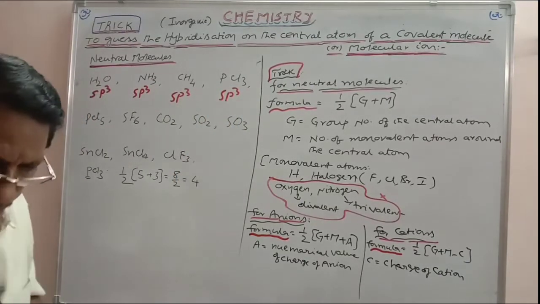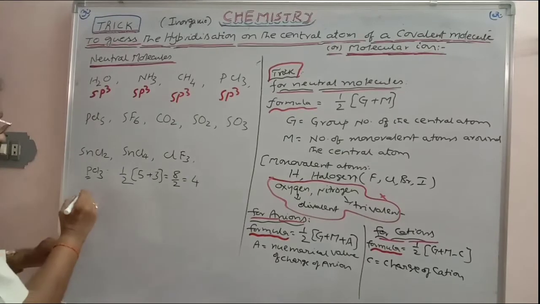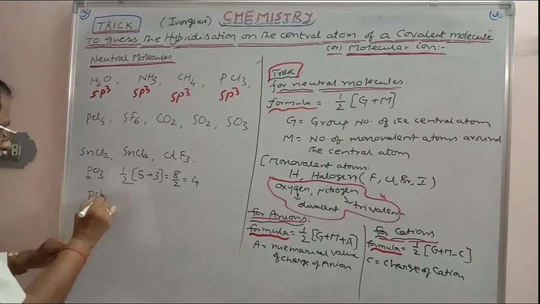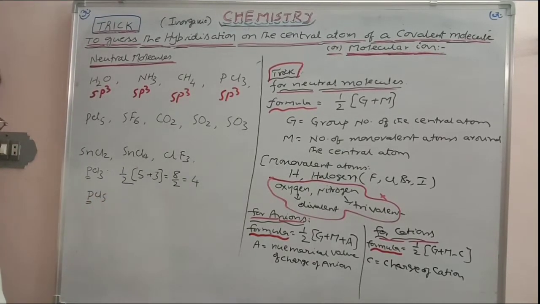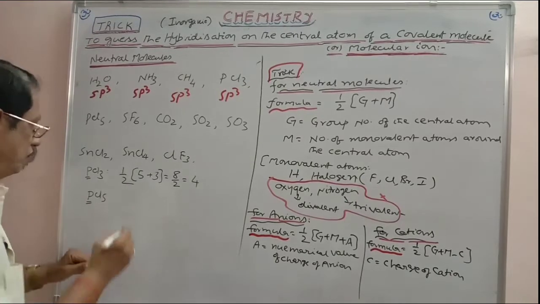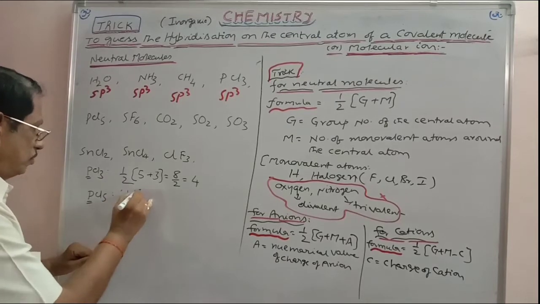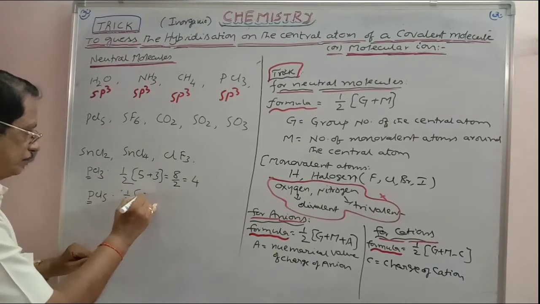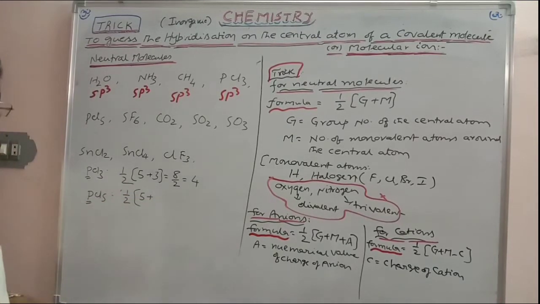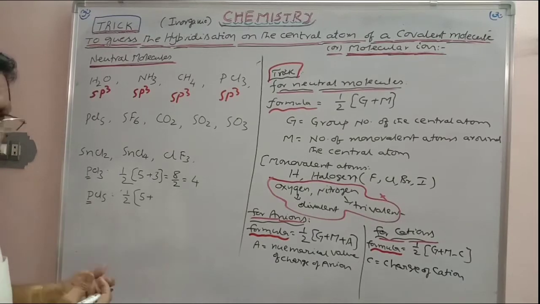The other one, PCl5. Once again phosphorus is the central atom. Half into, what is the group number? 5. How many monovalent atoms are there? Chlorine is monovalent because it is not the central atom.